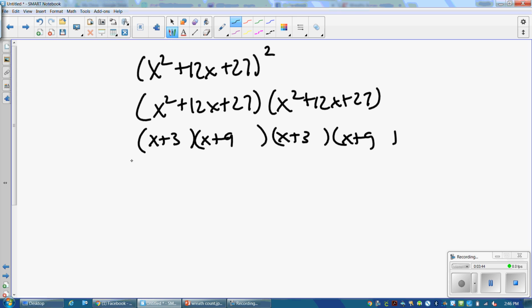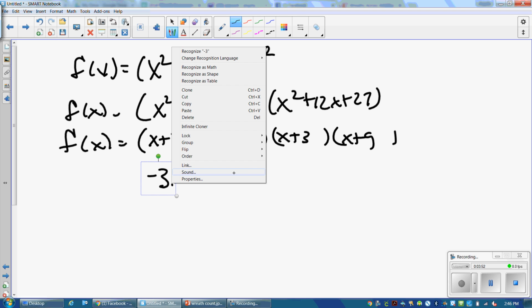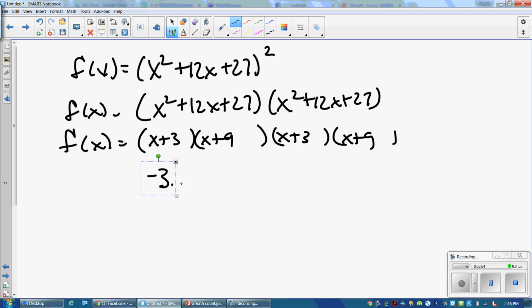So my zeros, and this should have an f of x in the front of it, are negative 3 and negative 9. Both of these have a multiplicity of 2. Negative 3 and negative 9, both with a multiplicity of 2, means they happen twice.